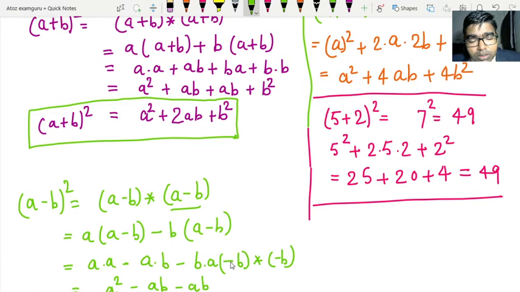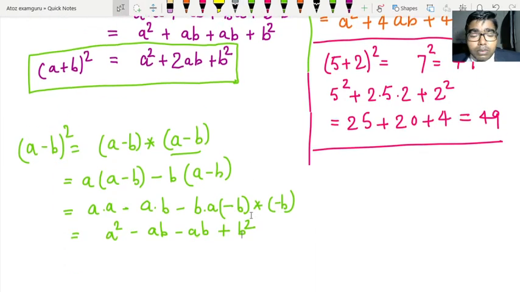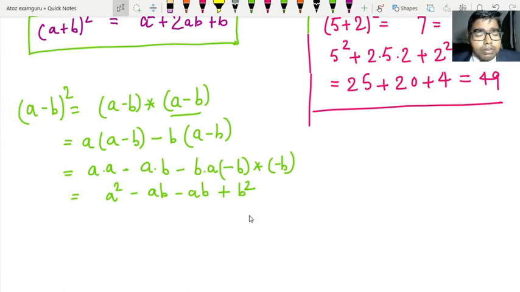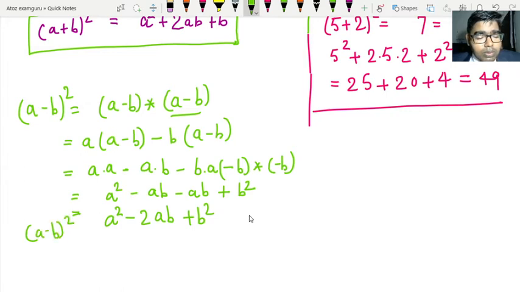And now this also minus minus becomes plus, so b square. So now you can simply write it as a square minus twice of ab plus b square. So this is the expansion of (a minus b) whole square.